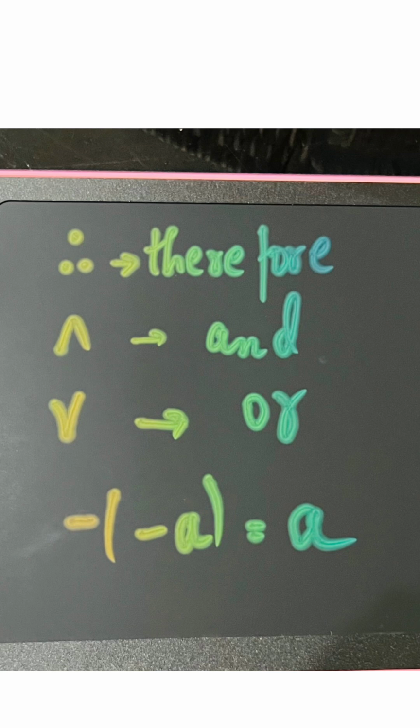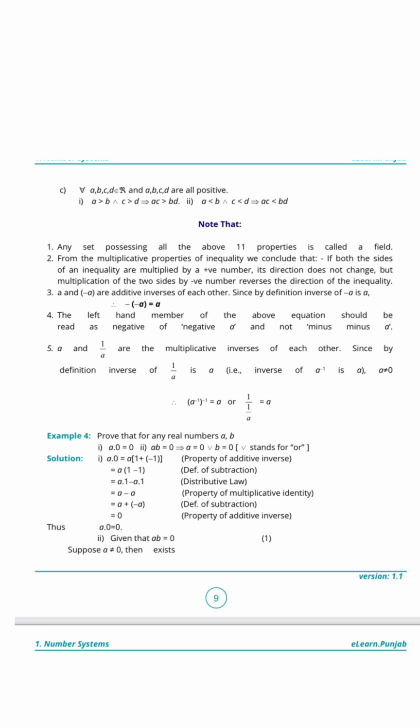Now this example says prove that for any real numbers a, b, a dot 0 is equal to 0. It means that if you multiply any variable a with 0, it will become 0. In order to prove that, the solution is: a dot 0 is equal to a into 1 plus 1 minus 1.